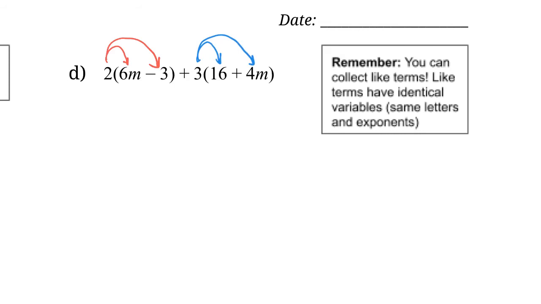So you're going to perform them separately, but then we are going to have to remember that we can collect like terms. So this is a question where there will be some like terms that we can put together in the end. So let's just start by doing the multiplication.